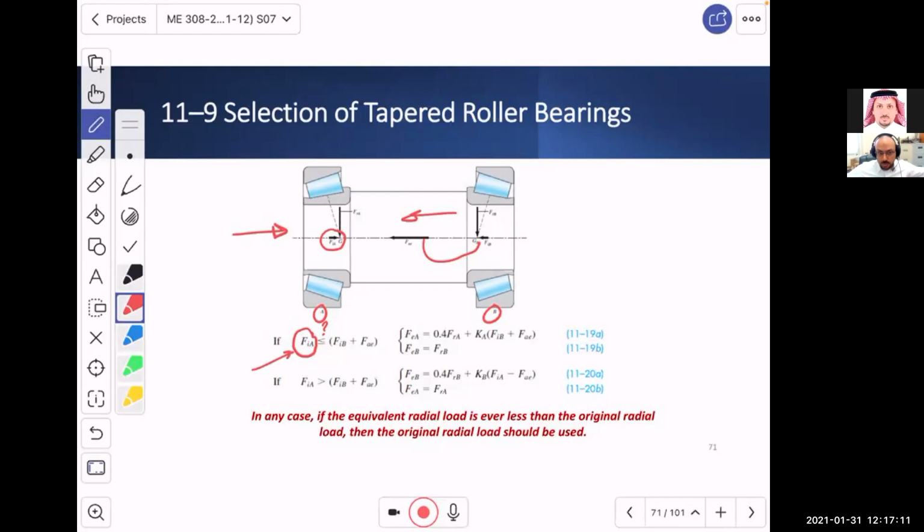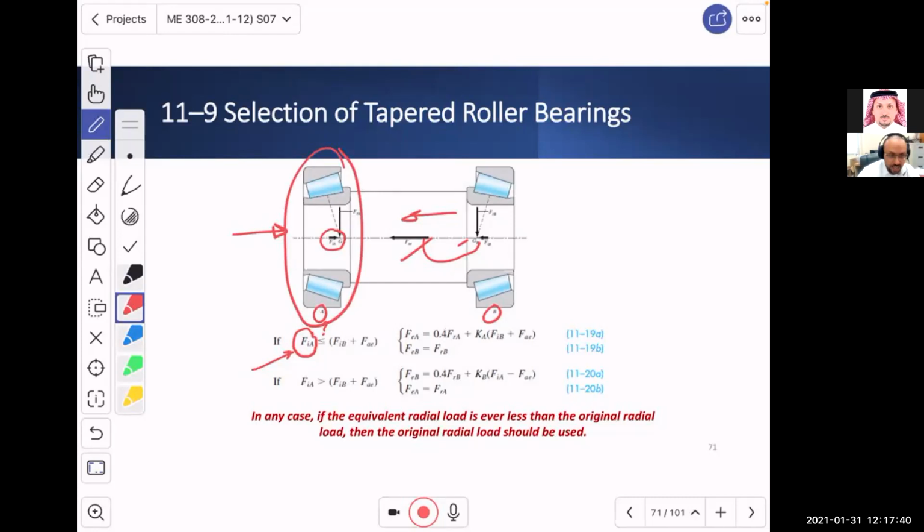Maybe, who knows? So if it is less than, which maybe you expect since there are two forces combined, they will be more than one, which I said is maybe not always the case, but if this is the case, then what will happen? The poor guy here will take all of the thrust. And if it takes all of the thrust, the equation will become as follows.